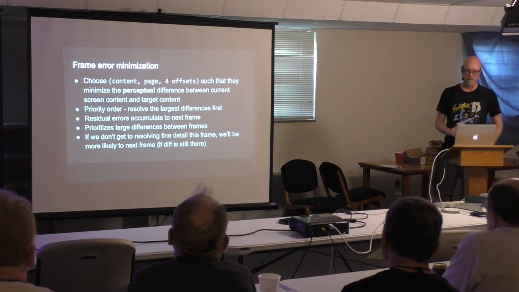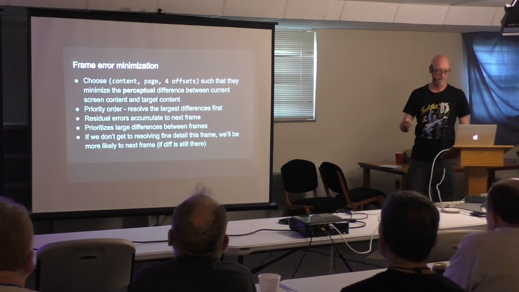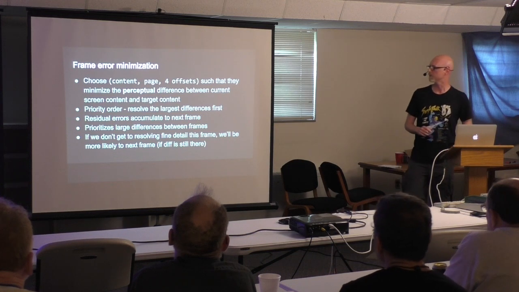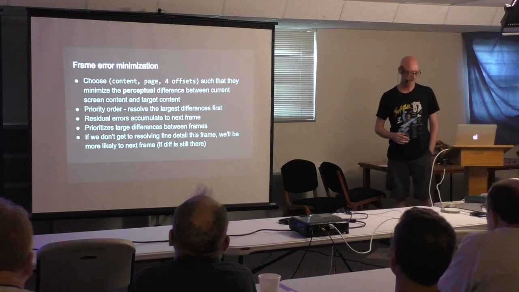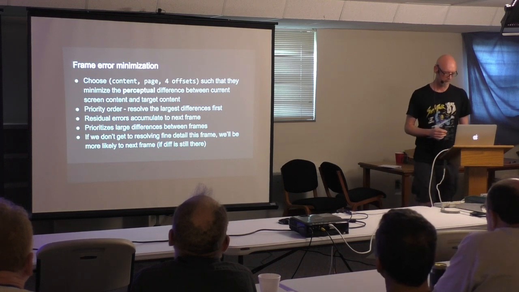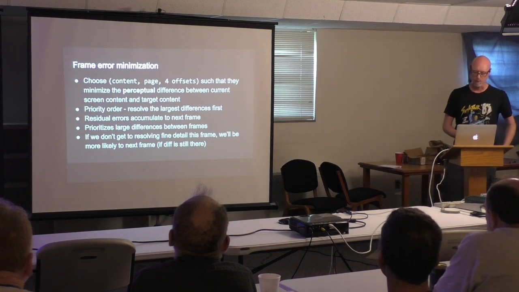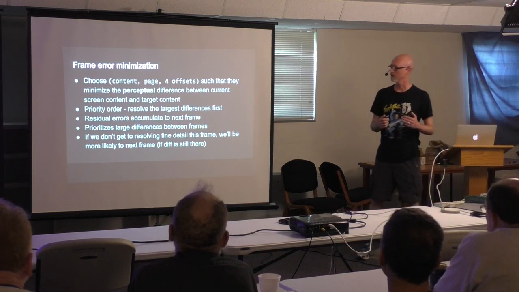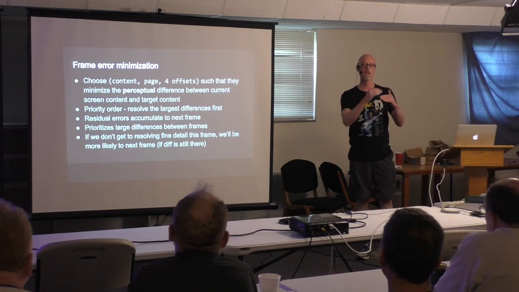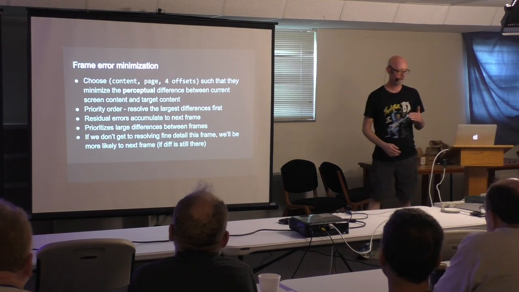Okay, so let's talk about how I choose the sequence of contents to produce the highest quality image that we can. The key is to choose them such that they minimize the visual difference between the current contents of the screen and the target we're aiming for with the next frame.